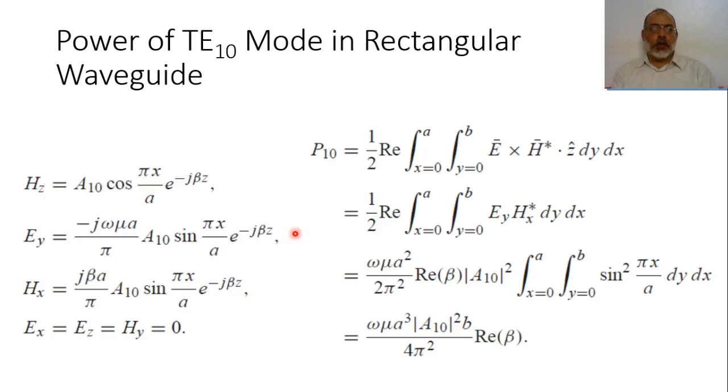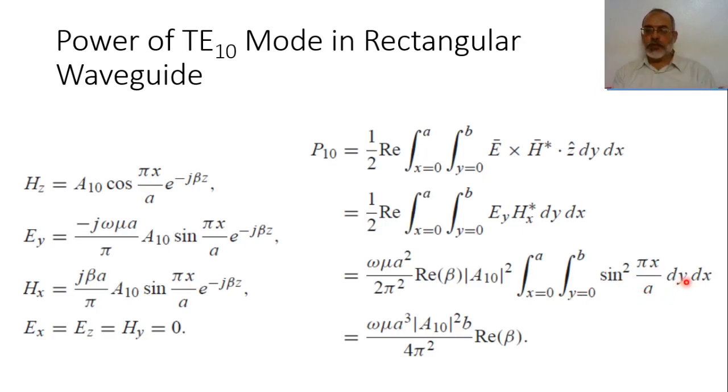So all these parts together would be omega mu a squared over pi squared, and here we have 2, A10 squared, real beta, and the integration of sine squared pi x over a dx dy.